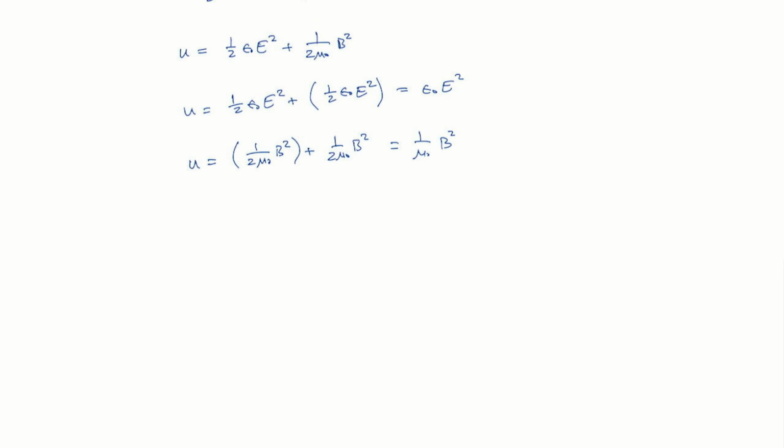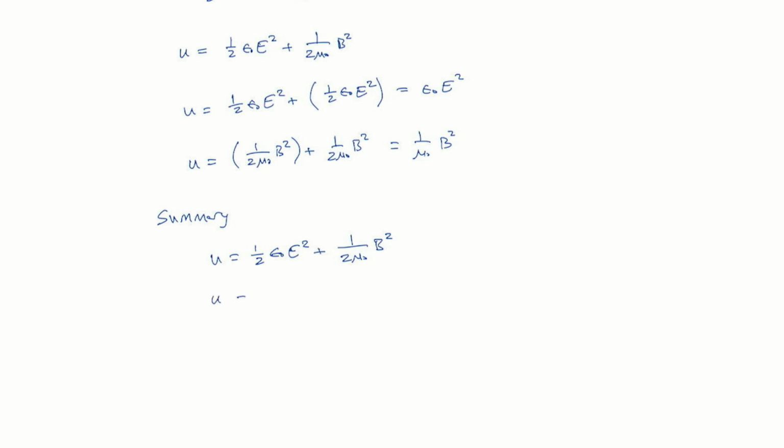And so we can just summarize these equations. All right, so we've got the version with both fields, 1 over 2 epsilon 0 E squared plus 1 over 2 mu 0 B squared.